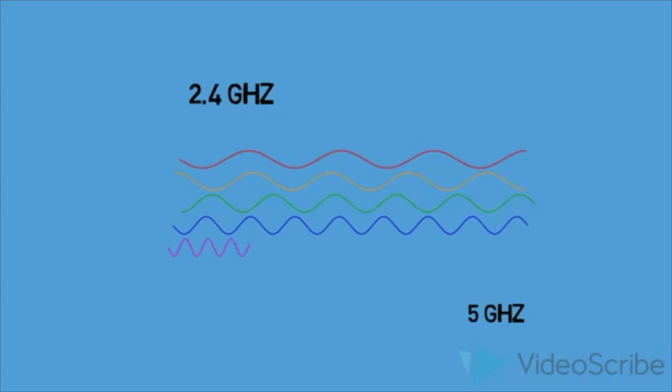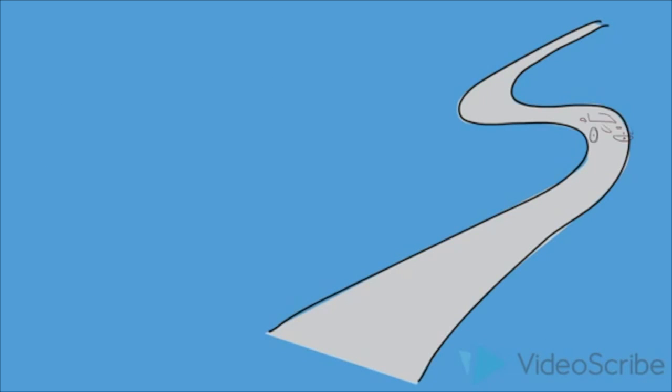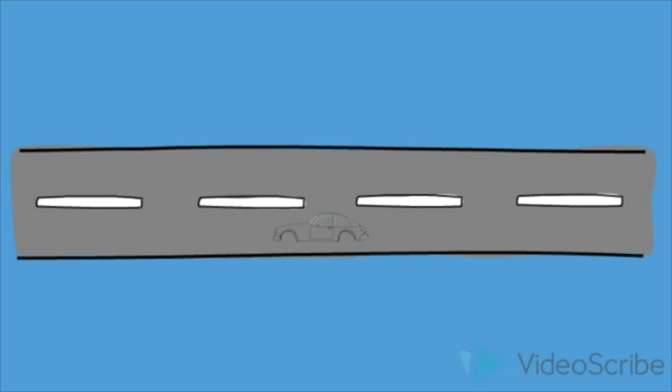But whether you're in the 2.4 GHz range or in the 5 GHz range, there will be a set of channels your router will communicate on. These channels are slightly different frequencies from one another, and they allow multiple routers to communicate in the same area without causing a lot of traffic. Just picture yourself driving on the freeway. If there was only one lane, it would cause a traffic jam. But with multiple lanes, traffic works smoothly.